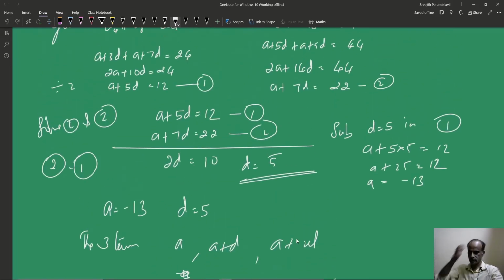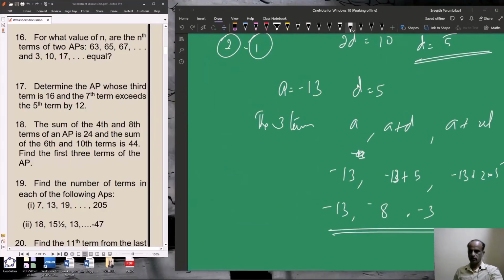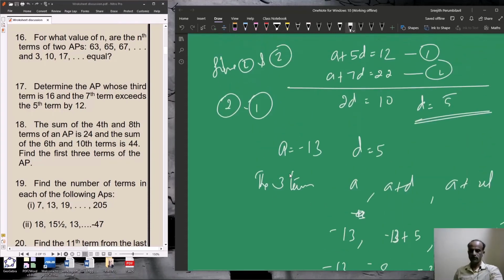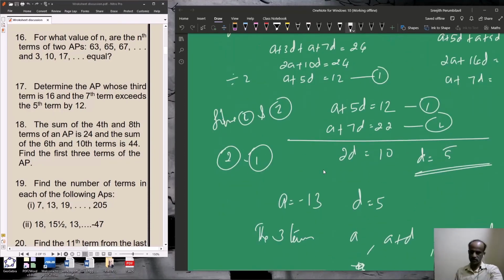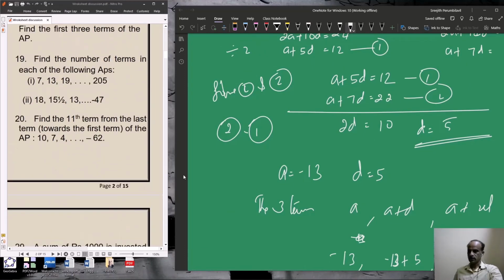So, D is equal to 5 in each case. Fine. It is given that the 4th term plus 8th term is 24, and similarly the 6th term plus 10th term is 44. We framed 2 equations and then solved them. Then we will go for the next question.